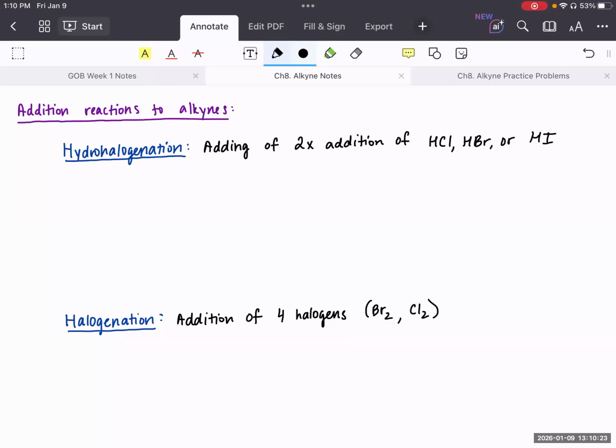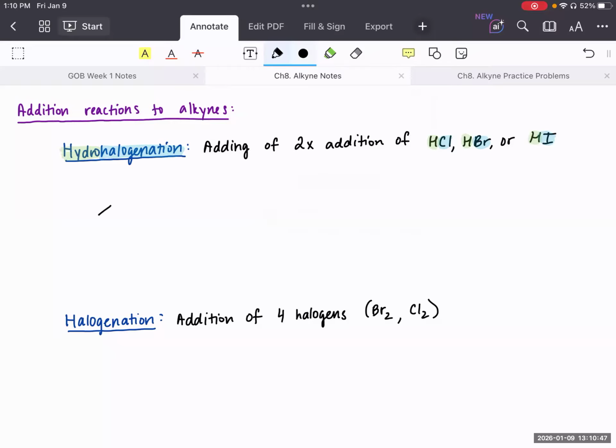For the first one, hydrohalogenation, we have two parts: hydro, then halogenation. That means we're going to be adding a hydrogen and a halogen. In all the reagents we have here, the halogen is highlighted in blue and the source of hydrogen is highlighted in green.